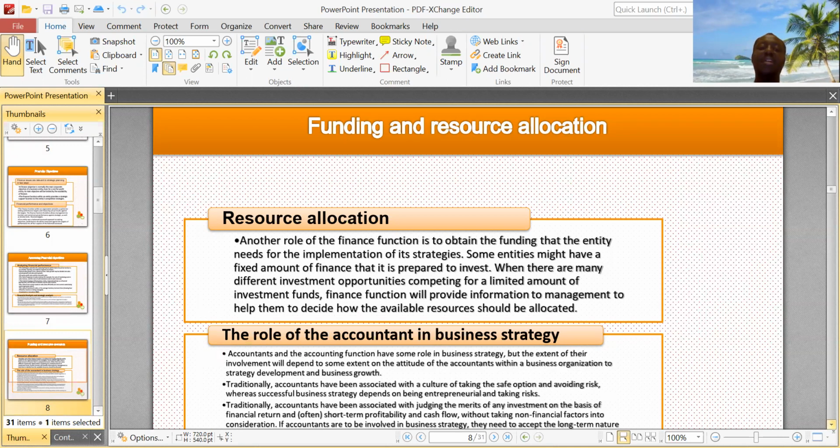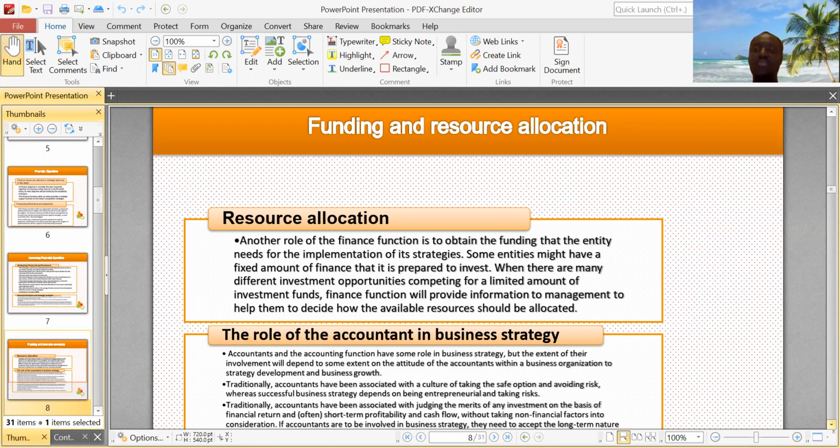Some entities might have a fixed amount of finance that they are prepared to invest. When there are many different investment opportunities competing for a limited amount of investment funds, the finance function has to come in. Usually, as we all know, there would be very limited funds that an entity will have, and the investment opportunities would be many.